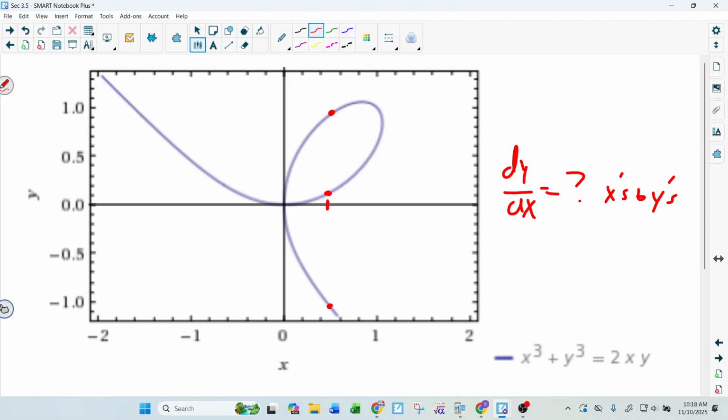We'll have y's in our answer because when we go to find the slope of the tangent line, we need both the x coordinate and the y coordinate at that point, because you have both x's and y's in that point. Okay?